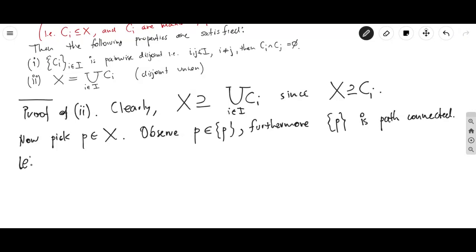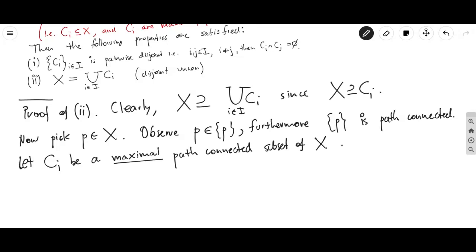And now let Ci be a maximal path connected subset of X which contains this singleton set.